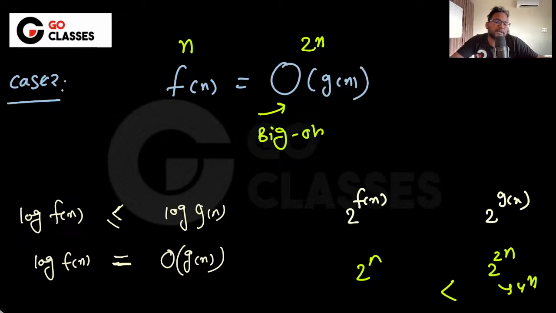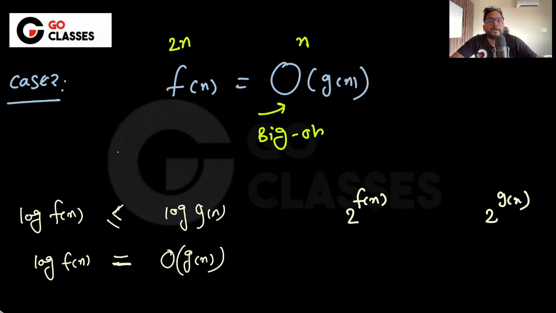Then this is still like this. But it might be the case that the constant plays a crucial role here. It might be the case this is 2n and this is n. In this case, it is 2 power 2n and this is just 2 power n. This is 4 power n and this is just 2 power n. So obviously this is strictly greater.